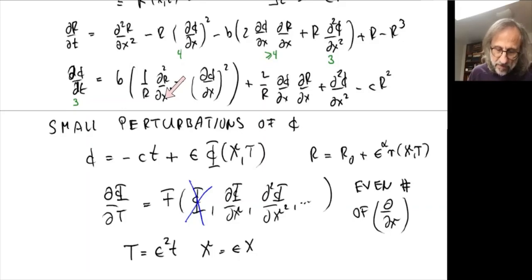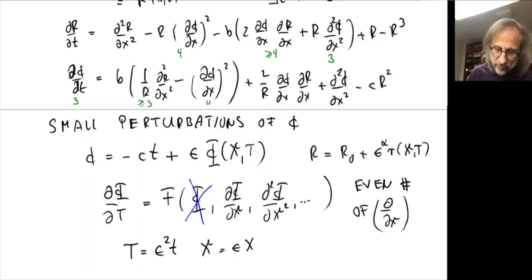This is at least epsilon cubed. This is again epsilon to the fourth. Here we have again the same term as that, so it's at least 4. And then finally we have this term, what is that? That's 3. And the last term is alpha.